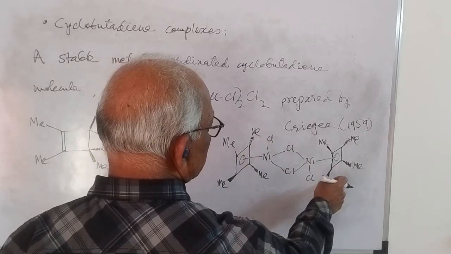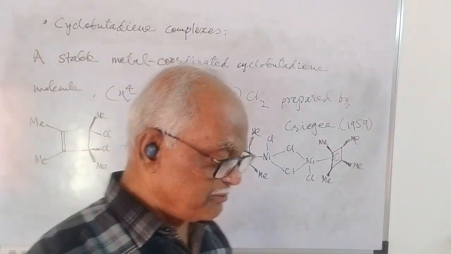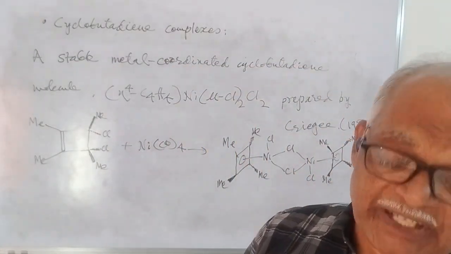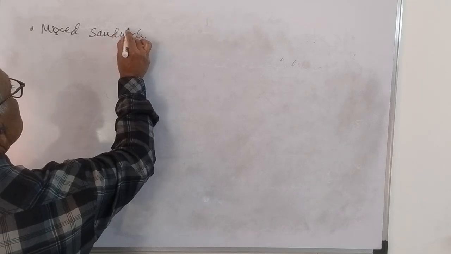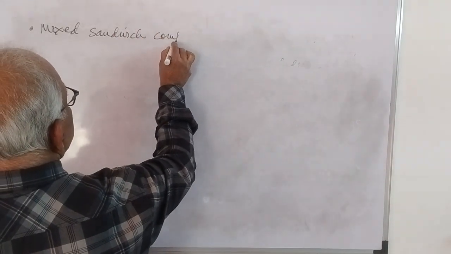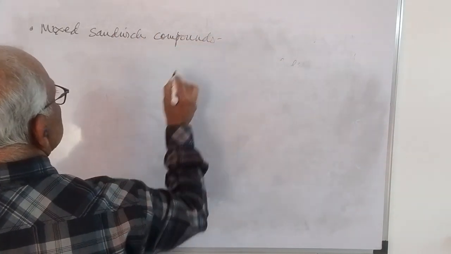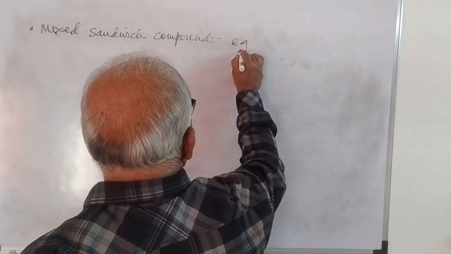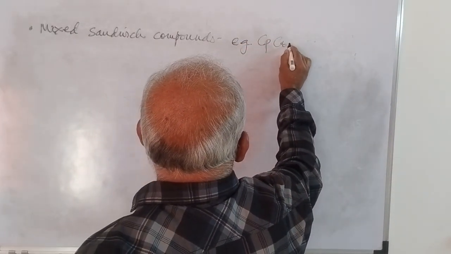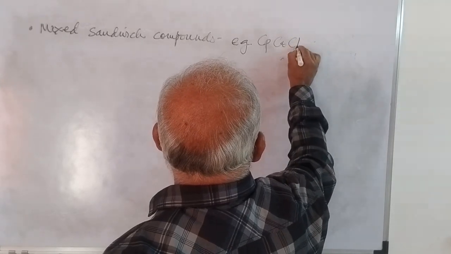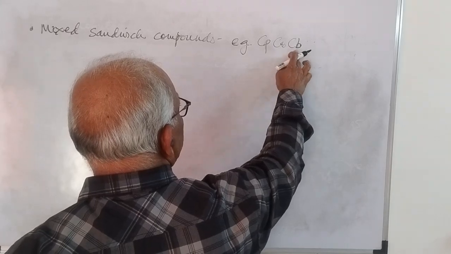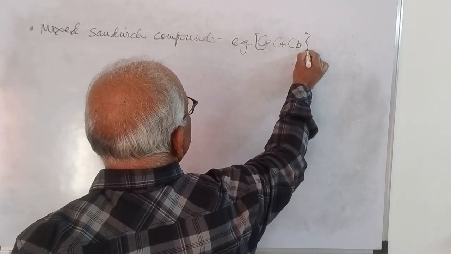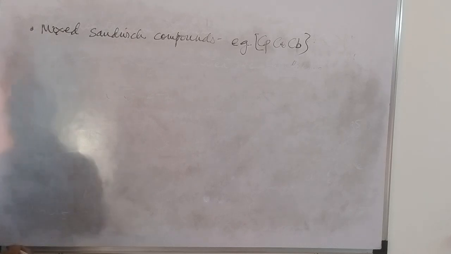The two nickels are bridged with two chlorines, and this nickel has terminal Cls. Another example where we can find mixed sandwich compounds. For example, we can have CpCoCb. Cp means cyclopentadienyl, Co is the metal, and this is cyclobutadiene. We can prepare this in this way.